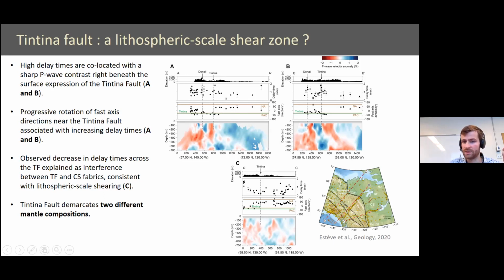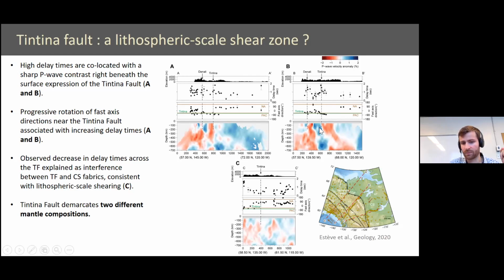Along transect BB prime, it's even more convincing as we see this rapid increase at the Tintina and the Denali fault, and again this rotation of the fast axis direction as we get closer to the faults. And that's also collocated with sharp P-wave velocity gradients at depth. So you see we have this vertical boundary here between a high velocity region, a low velocity region, and a high velocity region, and it's more complicated here.